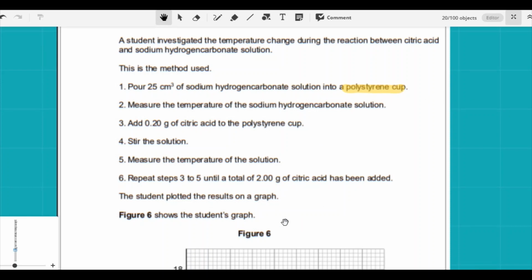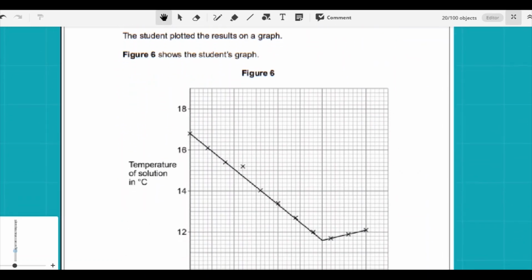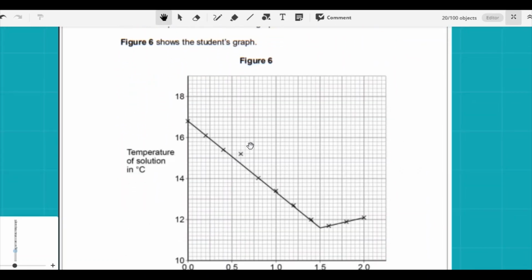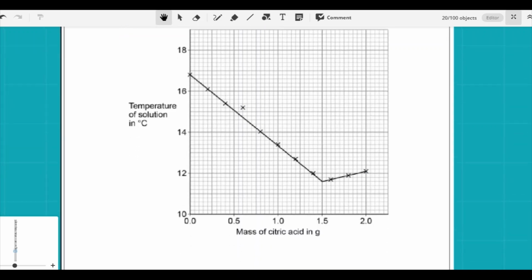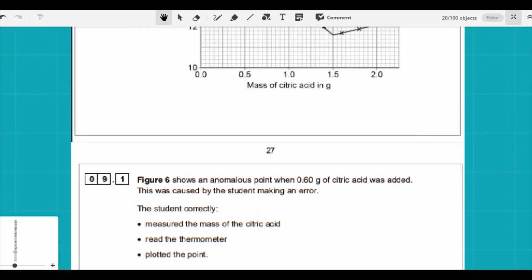Okay, so here the graph is also shown. Fig 6 shows the student graph. You can see at 1.5, the reaction is completed, and then here an increase in the graph takes place.